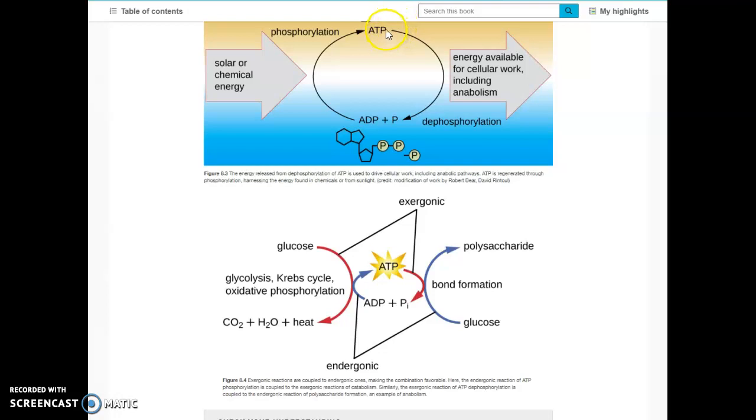But as it does work, it loses those phosphate groups. It essentially loses its charge. That's the process of dephosphorylation, where we're removing a phosphate group. The energy in ATP is stored between these phosphate bonds, so as we strip away a phosphate, we're releasing a lot of energy.